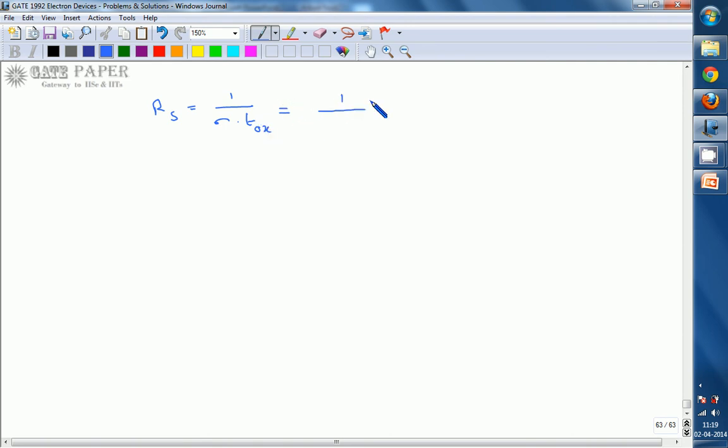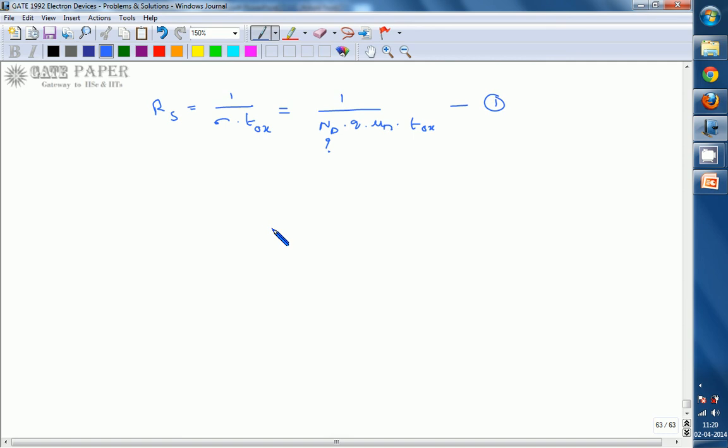For n type, sigma is Nd into q into mu n. The thickness value is given, mu n value is given, q value is known, but what we don't know is Nd. So first we should calculate the Nd value, then we can calculate Rs. Make this equation 1. We calculate Nd and substitute it in equation 1 to get the sheet resistance.